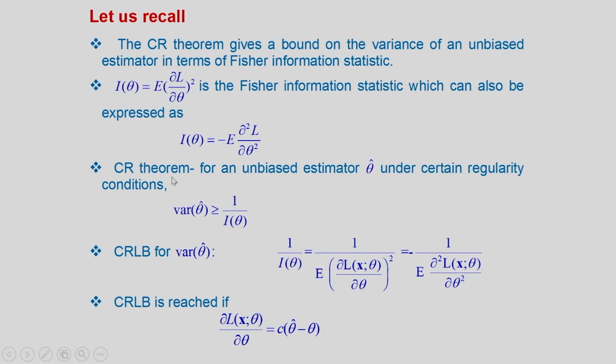Cramer theorem: for an unbiased estimator theta hat, under certain regularity conditions, variance of theta hat is greater than or equal to 1 by I(theta). So, this is the statement of the Cramer theorem.